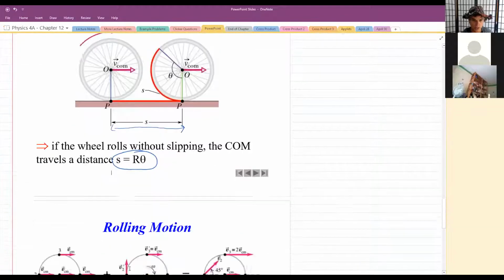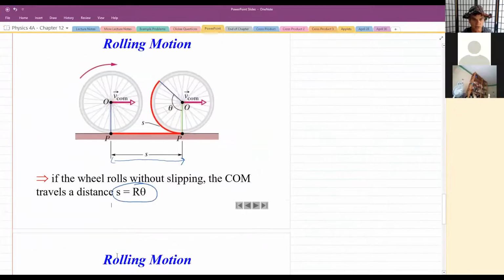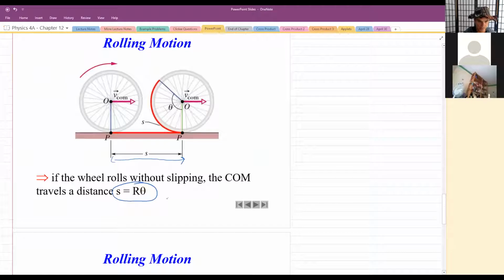Well, what you can then show is that if I were to differentiate this, ds dt equals the derivative with respect to time of r theta, what I would get is ds dt is really just how fast this wheel is moving through space. So it's my translational speed.